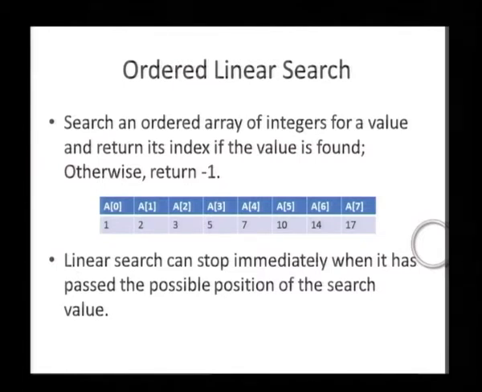Therefore, we are not going to ever find 8 after the array index 5, because 10 is the value which is sitting in that location. So, this is one way in which we can use the fact that the data elements in the array are in sorted order.